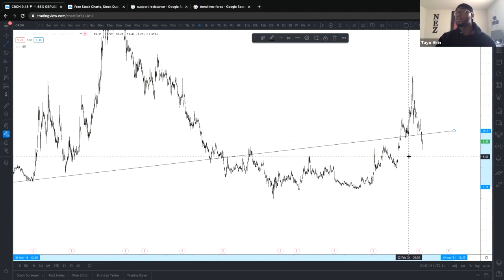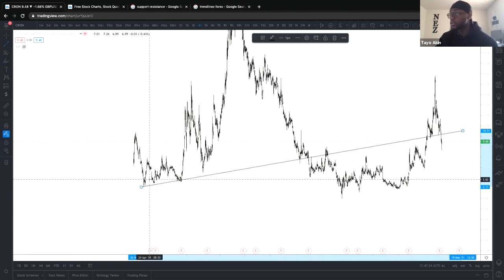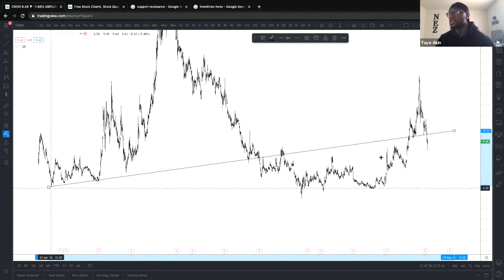Remember when I told you about using the star method? You take price action from as far as you want to go. I don't care, it could be 1998. Just take a trend line and shoot it across the map from the lowest point or the highest point. I took the lowest point of 2018, because it seemed like that's when it came out, and I shot it across the map.